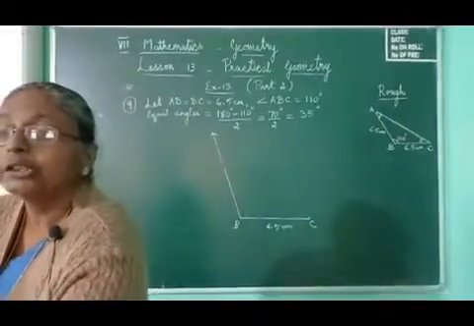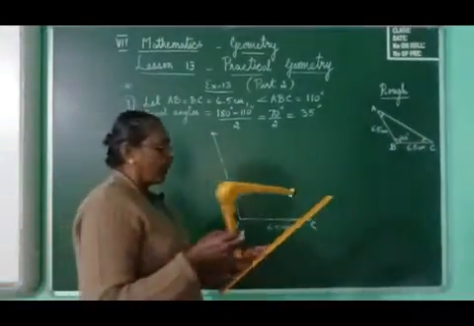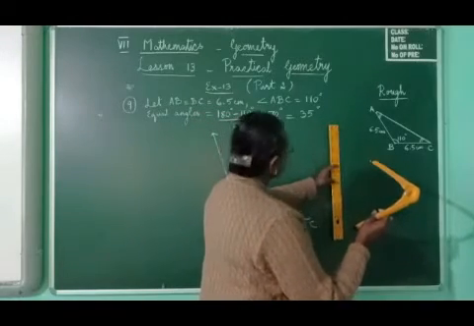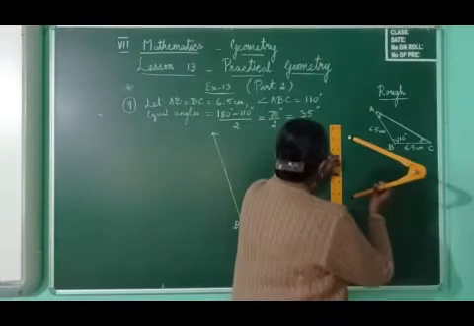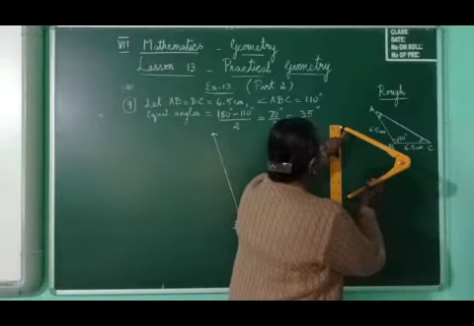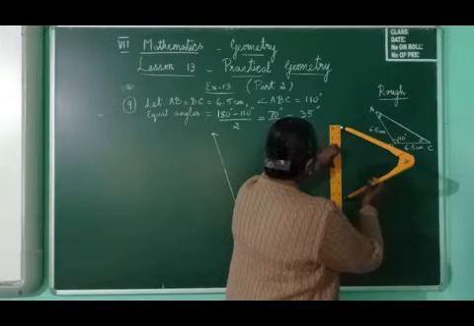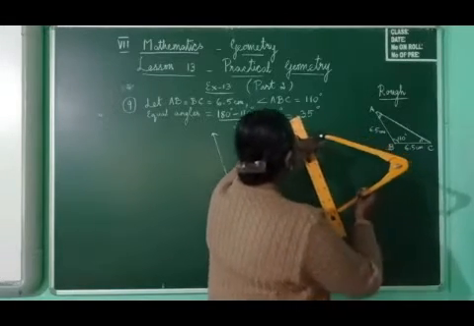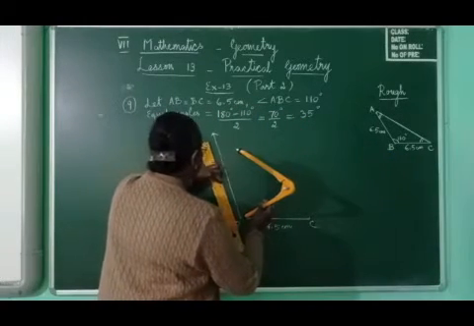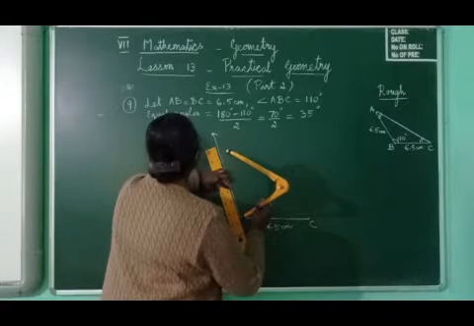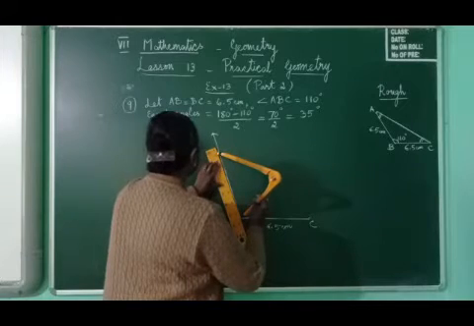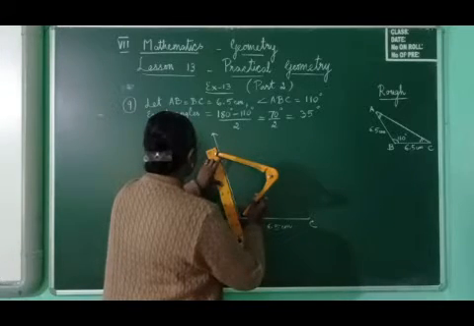So we can measure 6.5 centimeters with compass and scale, and then draw an arc keeping B as center and 6.5 centimeters radius. Keeping B as center, on the line we need to cut an arc.